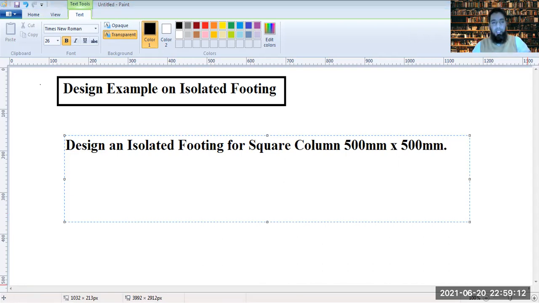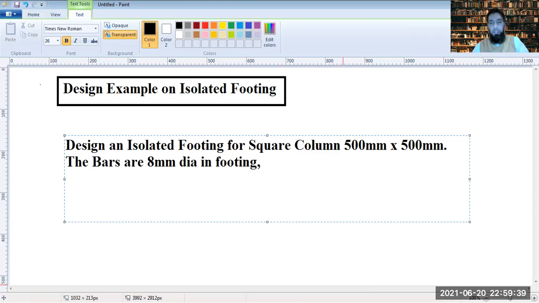And next, we also know that the bars are 8 mm phi dia in the footing.